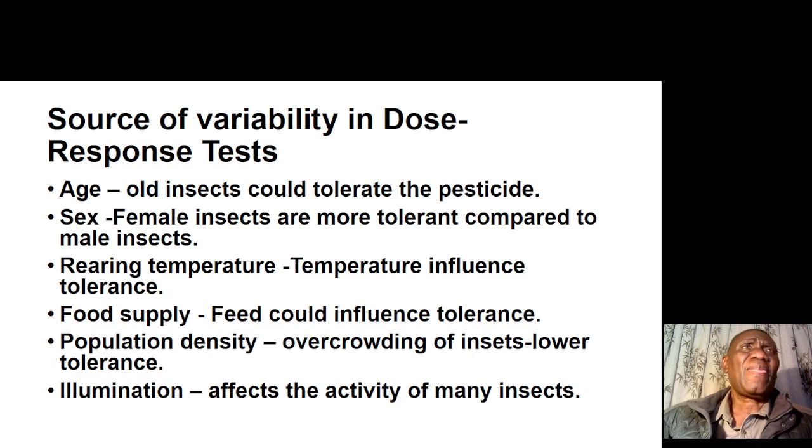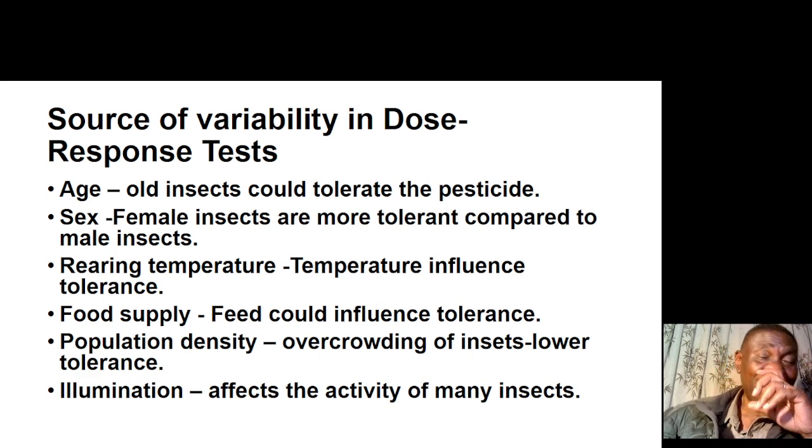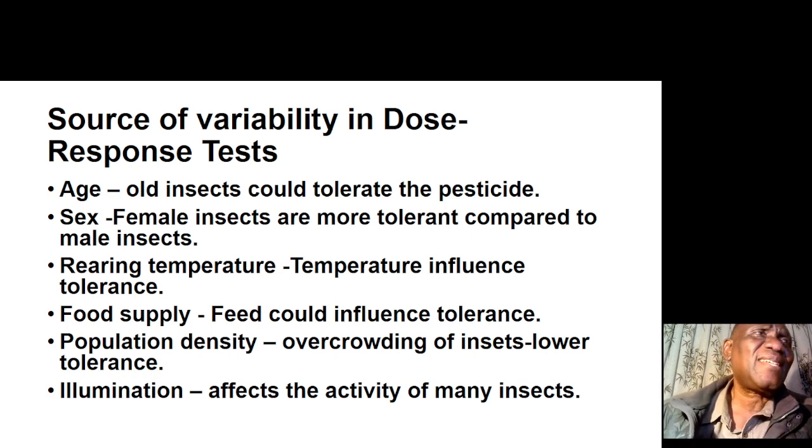So, although it may be difficult to come up with the LD50s, at least we have guidelines which can give us an indication of how toxic a pesticide is, and we can take precautions to protect those who are using the pesticides.